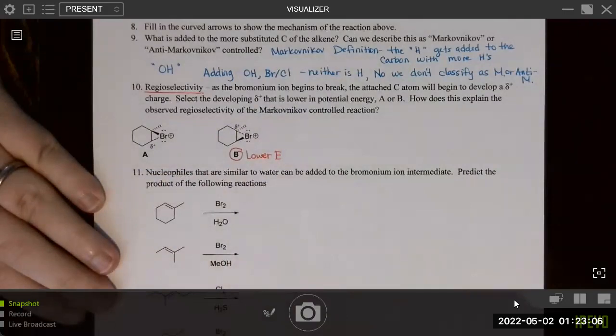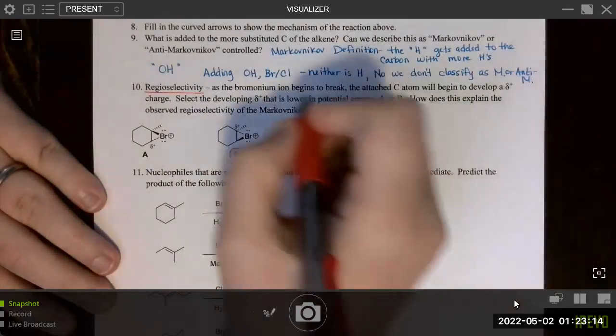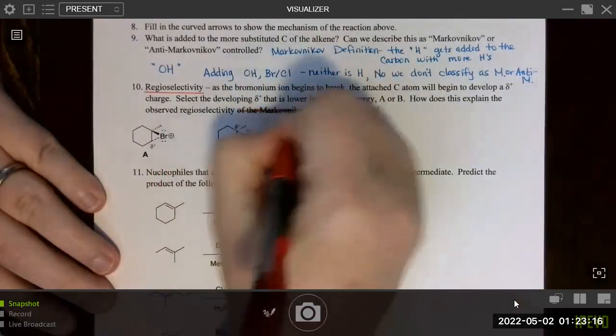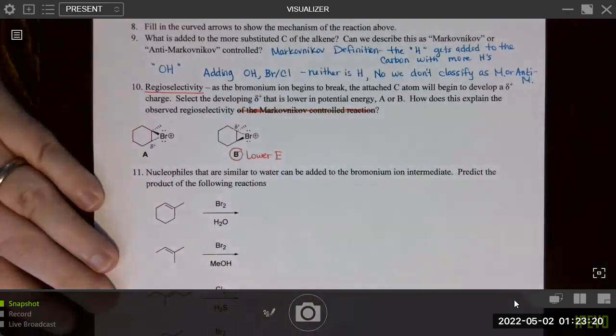So how does this explain the observed regioselectivity? Actually, I would not call it the Markovnikov control. Just notice that exact terminology in there. Okay, how does this explain the regioselectivity?